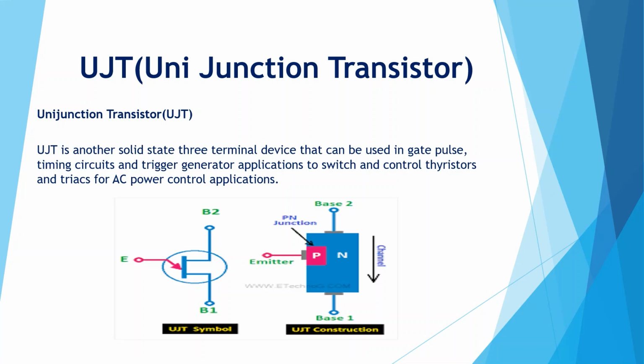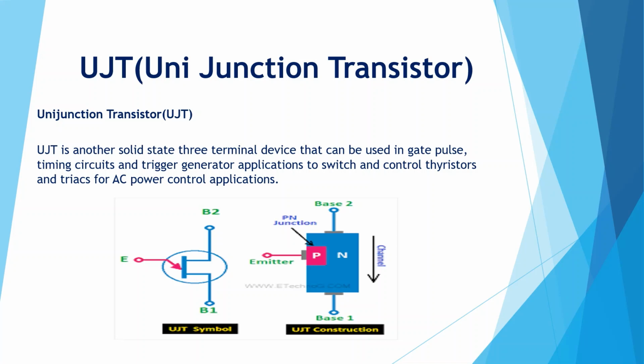It also differs from a field effect transistor. A field effect transistor can amplify signals, but a uni-junction transistor cannot amplify. They can only be used as a switch. However, the uni-junction transistor has an ability to control a large AC power with a small signal.